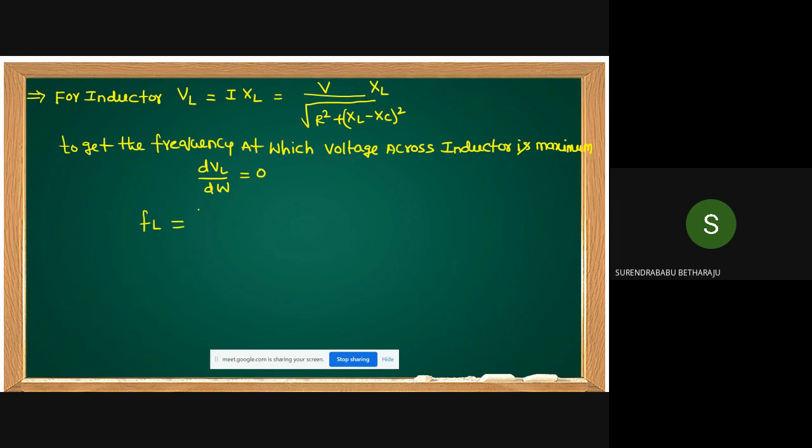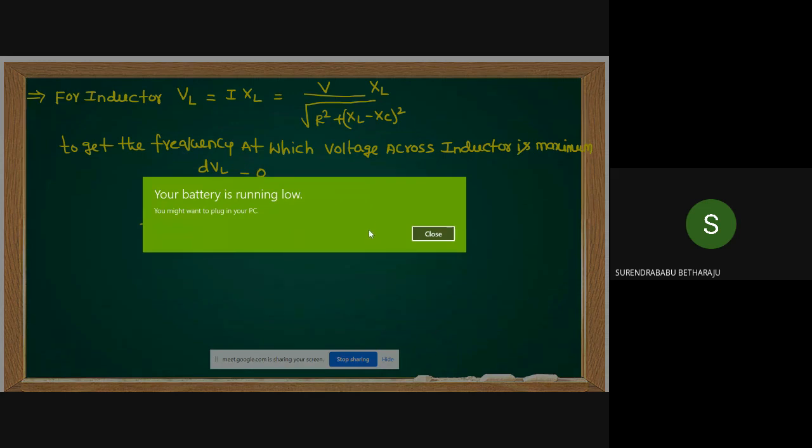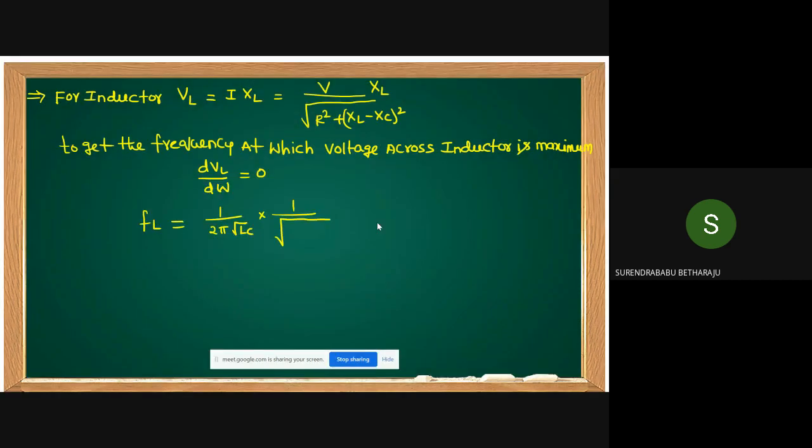1 by 2 pi root LC into square root of 1 minus R square C by 2L.